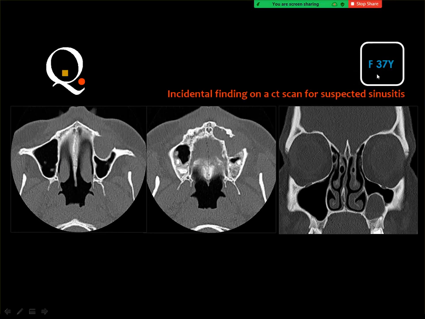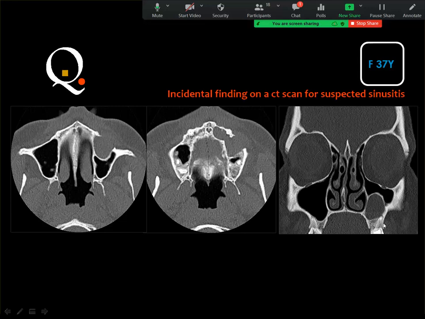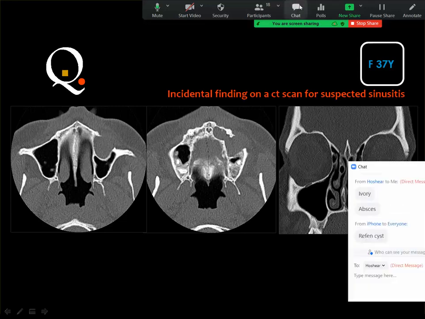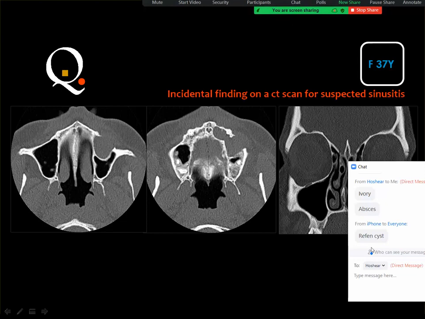This is a female, 37 years old, with an incidental finding at CT scan performed for suspicious sinusitis. There is no evidence of sinusitis, but there is a cystic lesion which is arising in the alveolar margin, and this is not a retention cyst.